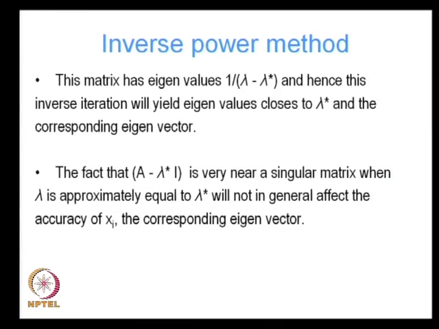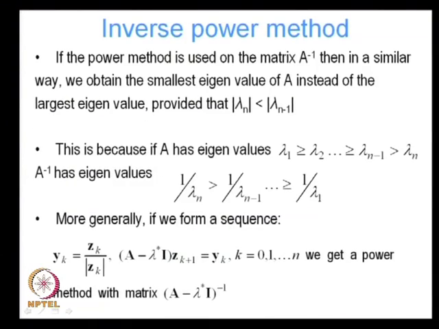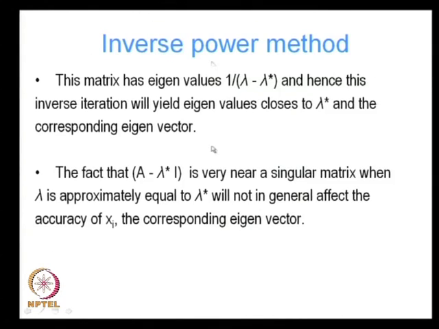So, if I am given a coefficient matrix A and some arbitrary number lambda star, and I want to find the eigenvalue of A which is closest to lambda star and the corresponding eigenvector, then instead of using A or A inverse, I will iterate with A minus lambda star I inverse. In that case I am going to maximize this term, right. And when do I maximize this term?